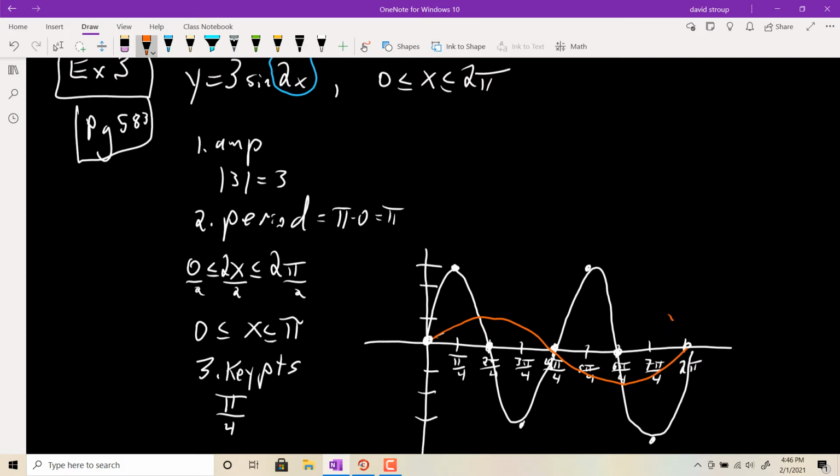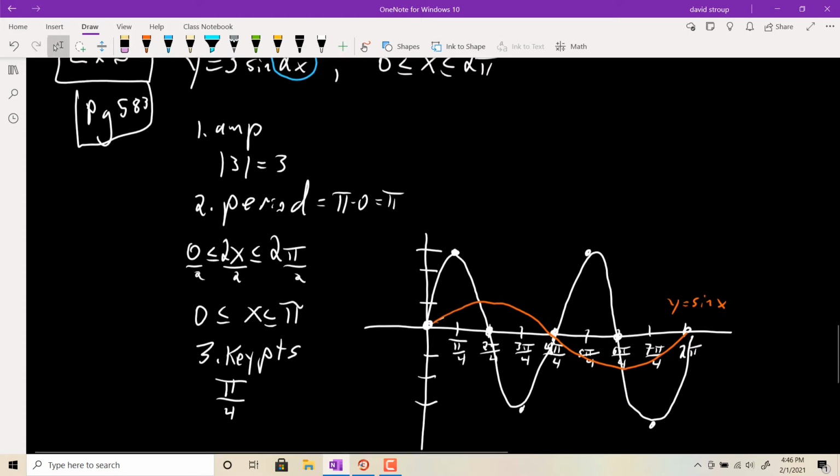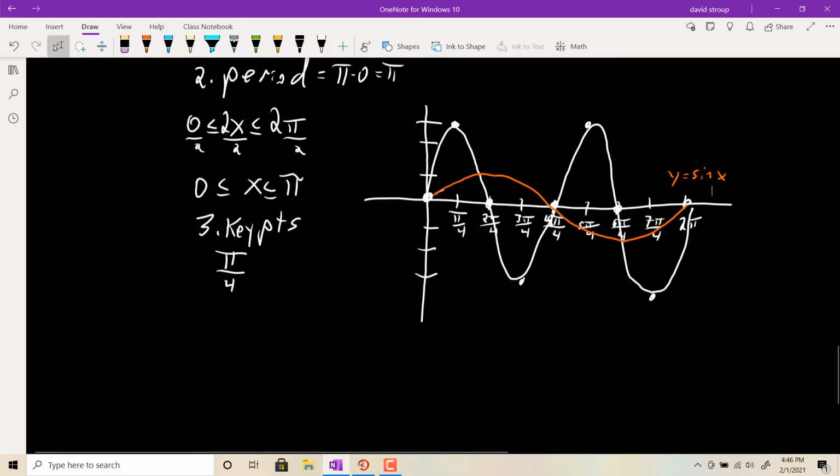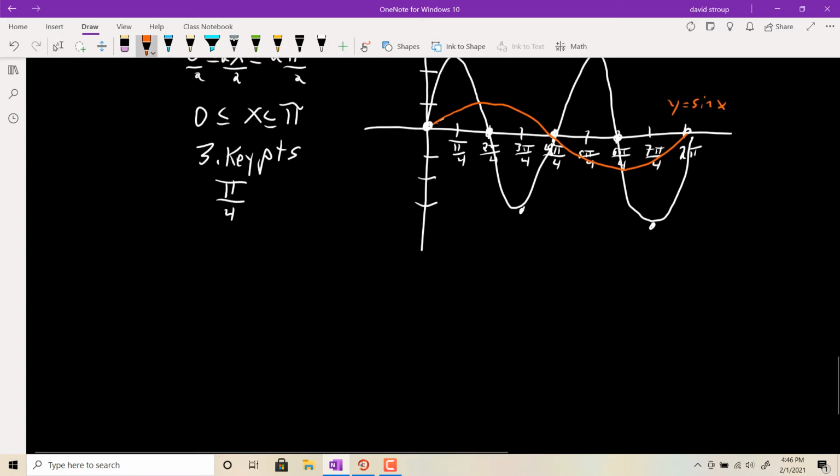And if you smush it horizontally, you get that effect of sort of doubling the cycle. You're halving the period, really. Okay, let's look at another variation.